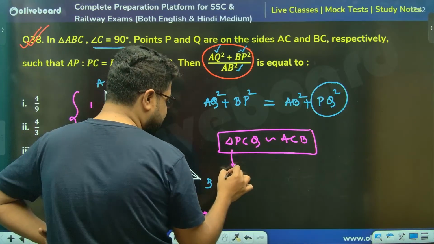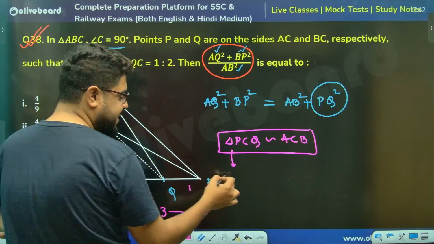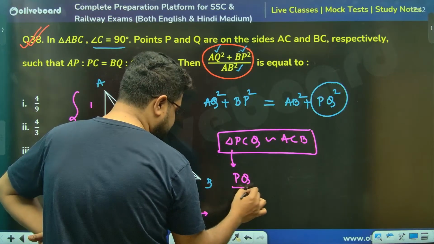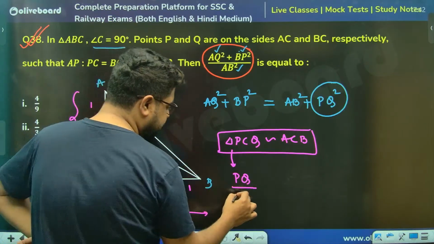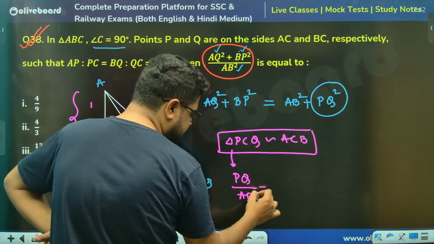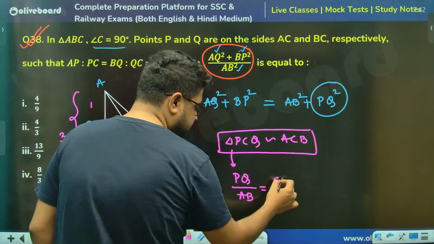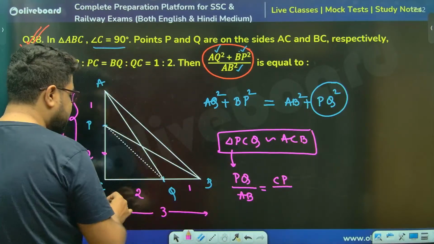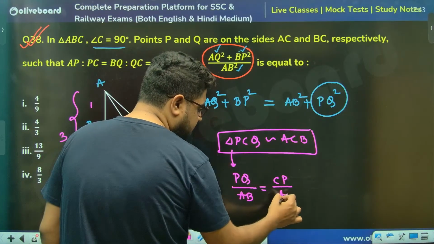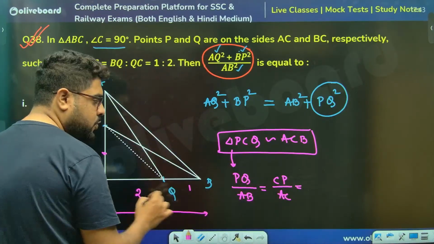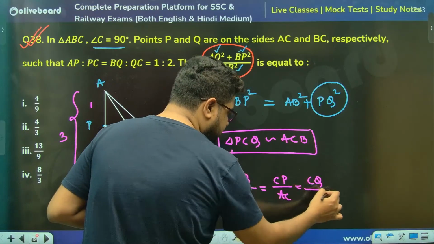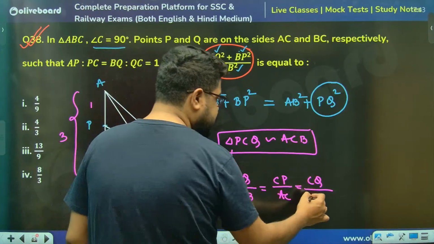So the ratio of base PQ divided by the base of the bigger triangle is equal to the ratio of CP by the whole thing, AC. Or if you want, you can also write CQ divided by the whole thing, BC.